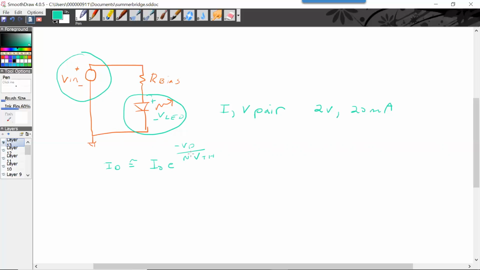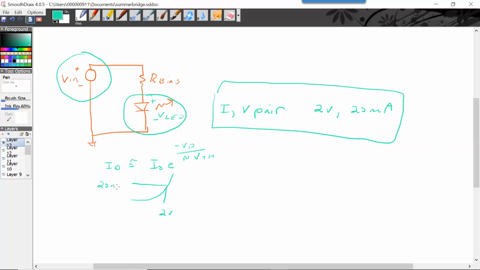So you can't solve for things like you did when it was resistors, capacitors, and inductors. However, we can pull off a point ahead of time. We measure this and say, on this exponential curve, if I have 2 volts, I'm going to get 20 milliamps. So that's where it comes from.